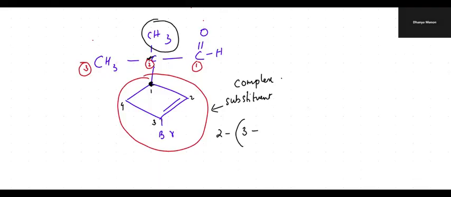Sorry. 1 dash, 2 dash, 3 dash, 4 dash, just to bring about the difference from the numbering. Okay. So at the 3 dash position, I have bromo, then cyclo, bute, because there are 4 carbon atoms, bute. At the 2 dash position, what is there? 2 dash, ene. I cannot write ene because it is a substituent. So definitely I have to go with enyl.